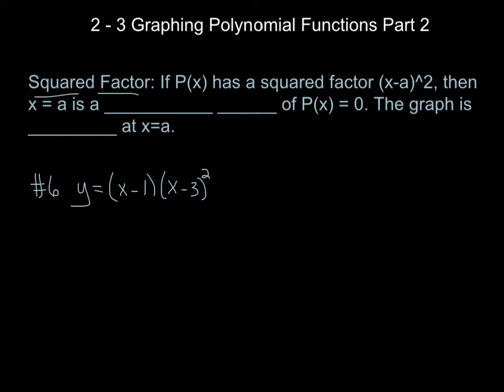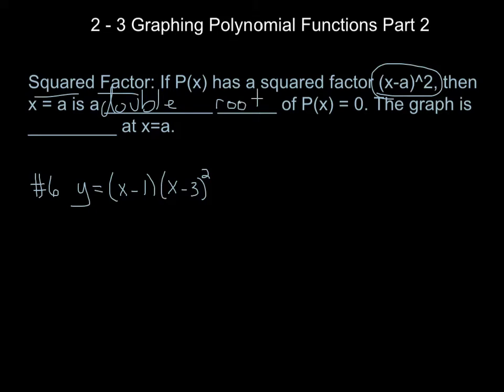If p of x, the function, has a squared factor, (x minus a) raised to the second power, then x equals a, whatever that a is, 2, 3, -4, whatever, it's a double root. Now, we talked about that right at the end of the last video.